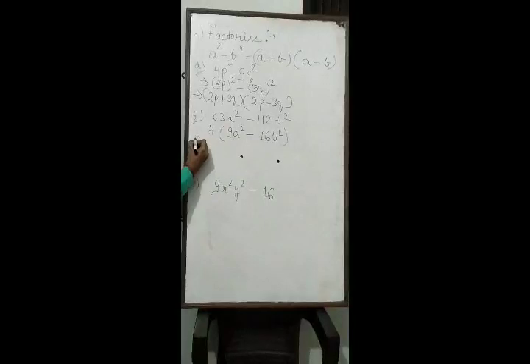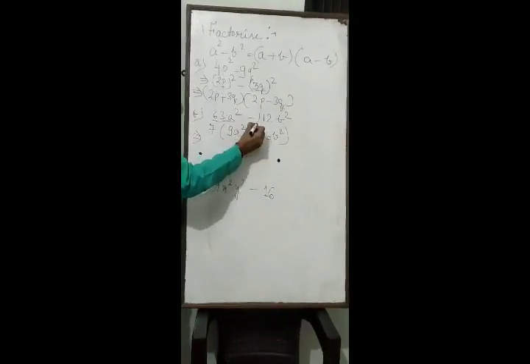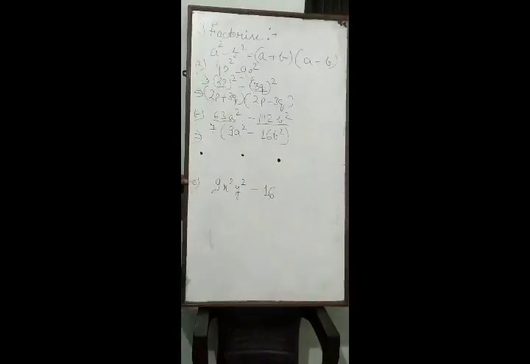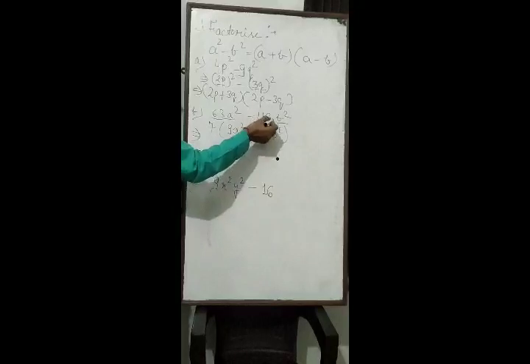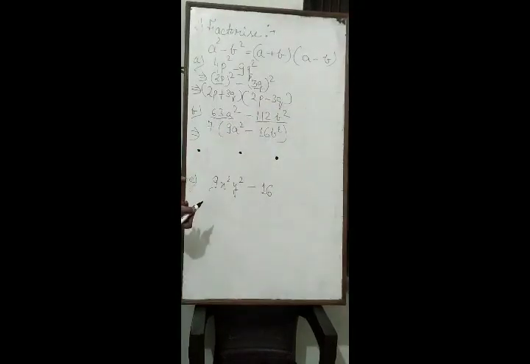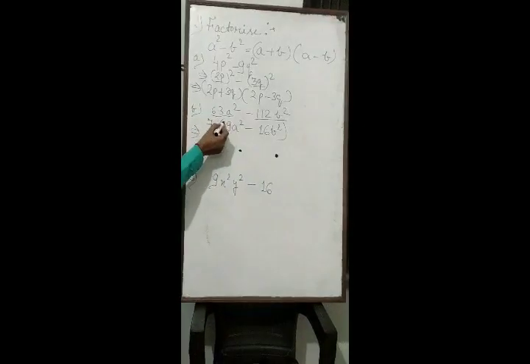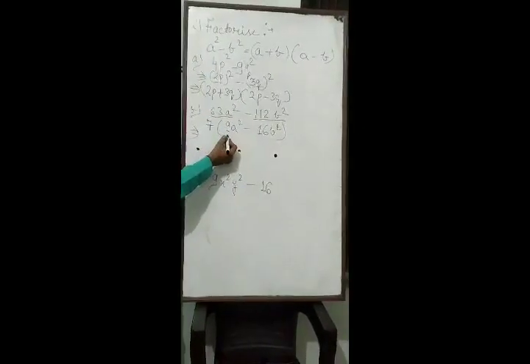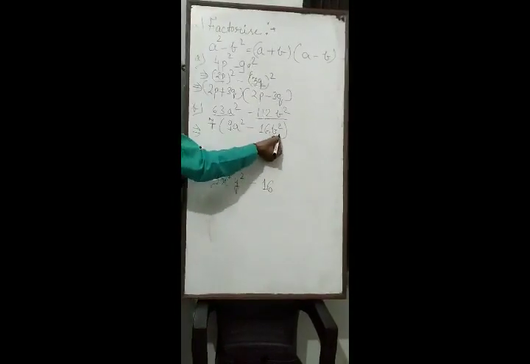Let's see the next question. In this part, you can see 63a square is here and 112b square is here. 63 is not a perfect square and also 112 is not a perfect square. So firstly we will take common 7. That means inside the bracket what value will be remaining? 9a square minus 16b square.